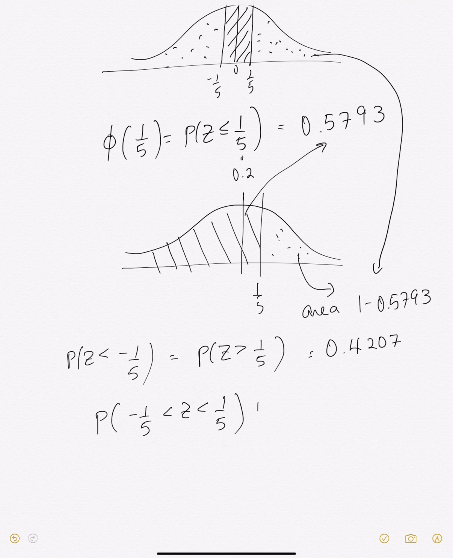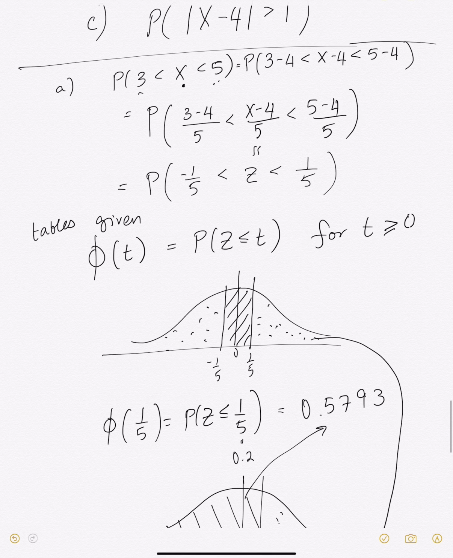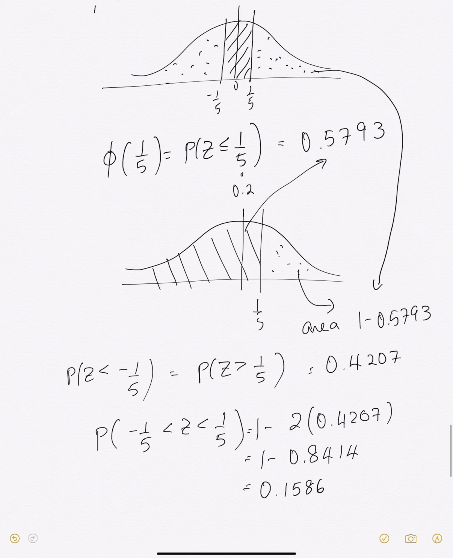It'll be 1 minus 2 times 0.4207, or 1 minus 0.8414, which is 0.1586. That's the probability that Z is between negative 1/5 and 1/5, which is exactly the probability that X is between 3 and 5.